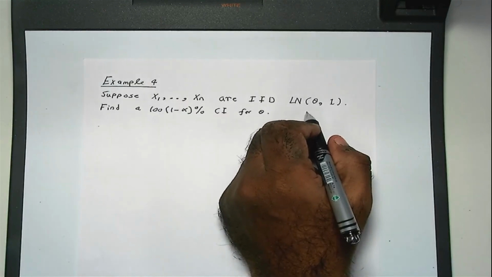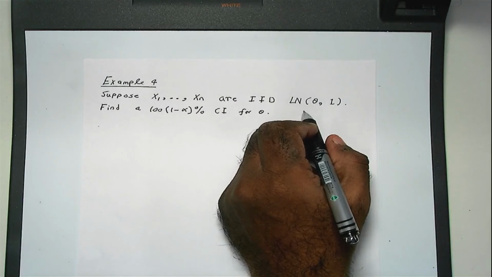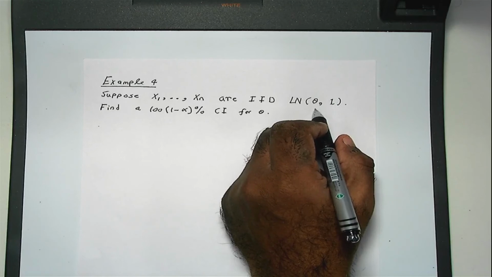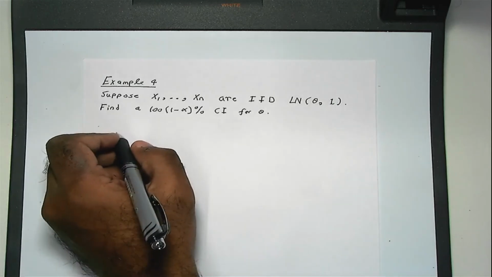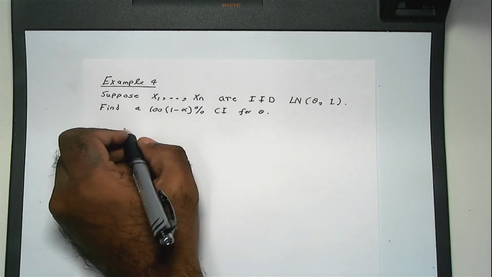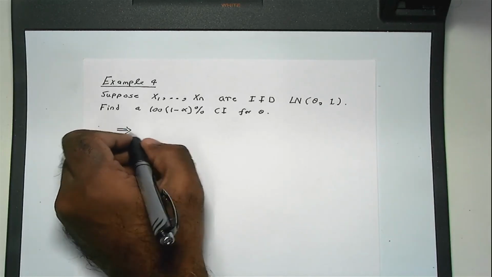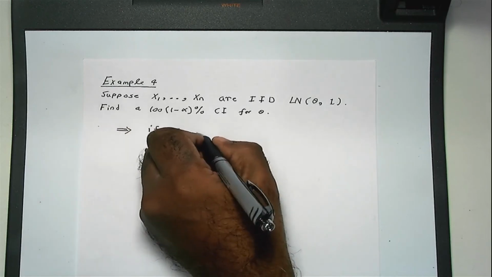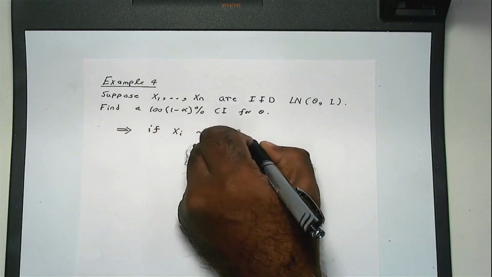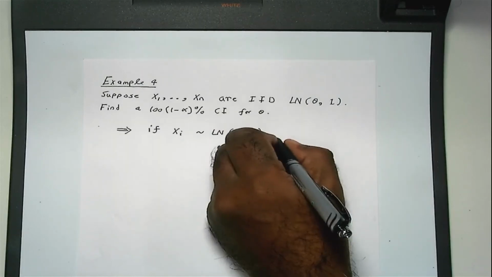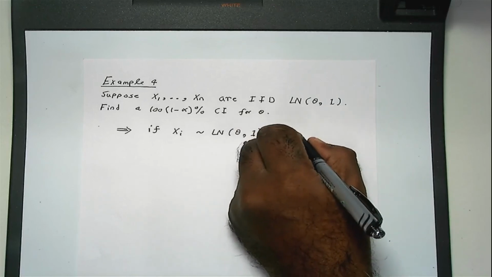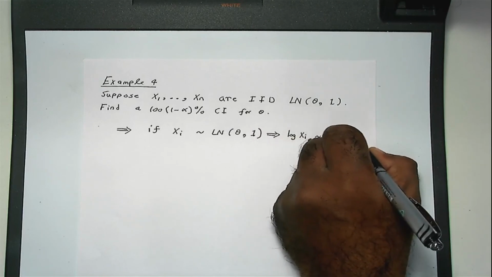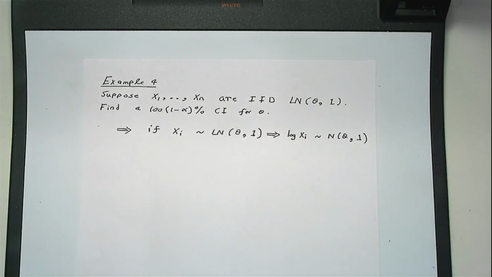If not, you can see that in the list of distributions on the course website. One of the properties of log normal is the following: if a variable xi is log normally distributed with parameters theta and 1, then the log of xi will have the normal distribution with parameters theta and 1. So the log normal and the normal are closely linked to each other.